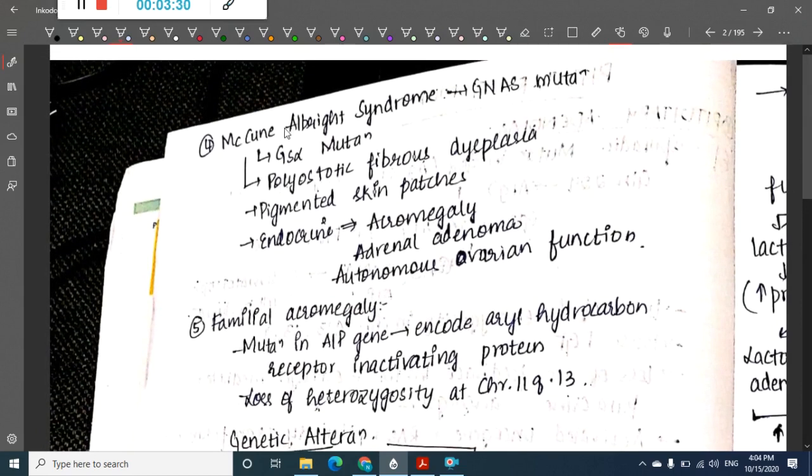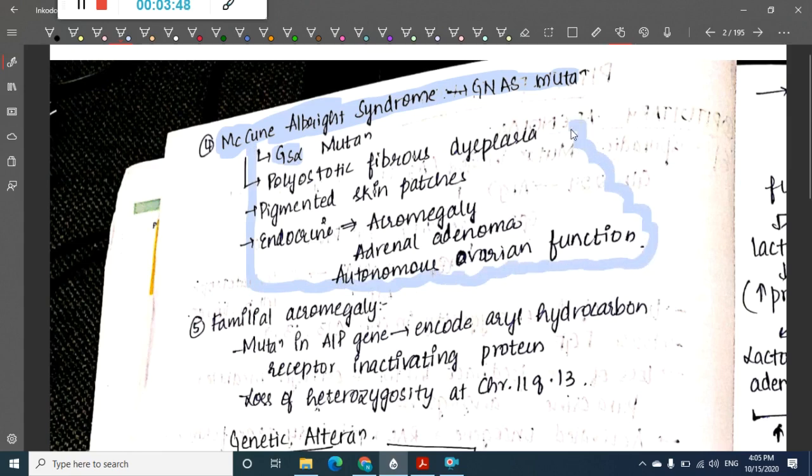Then we have the next group, which is McCune-Albright syndrome. In McCune-Albright syndrome, there is a GNAS mutation, where there is a GS alpha mutation, and it also contains some features. The features of McCune-Albright syndrome include polyostotic fibrous dysplasia, pigmented skin patches.